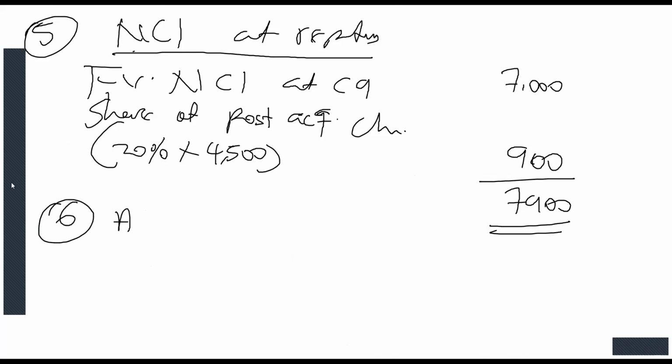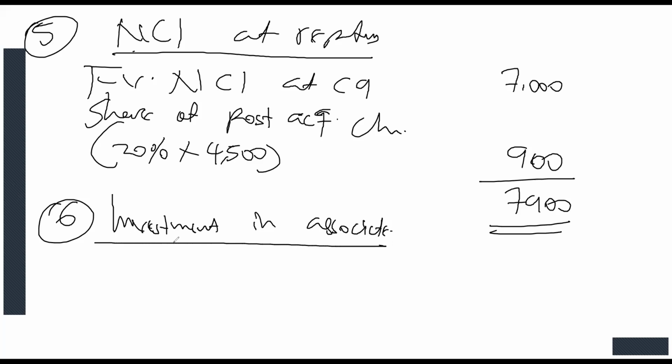Call it investment in associate. First, write the consideration. Call it cost of consideration.